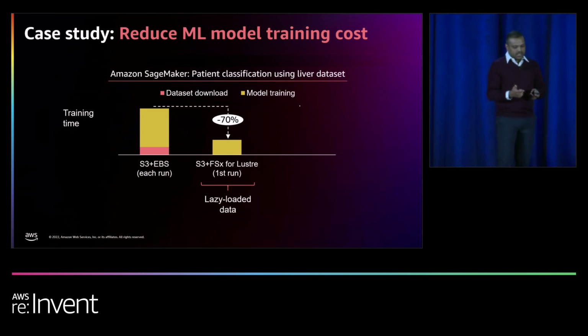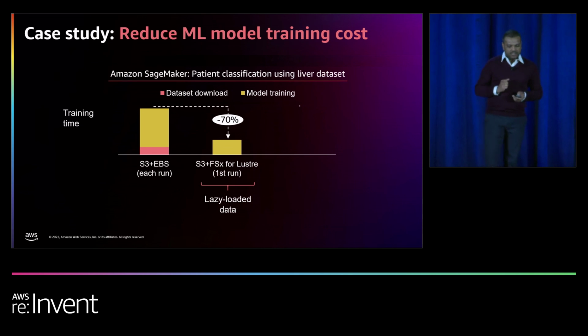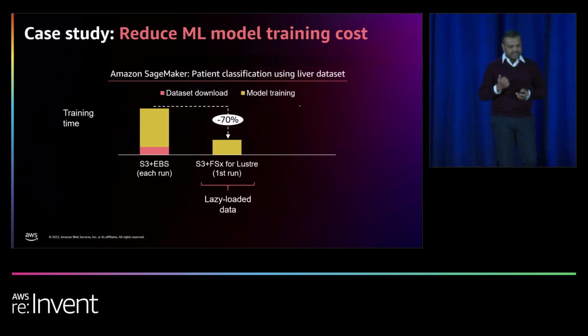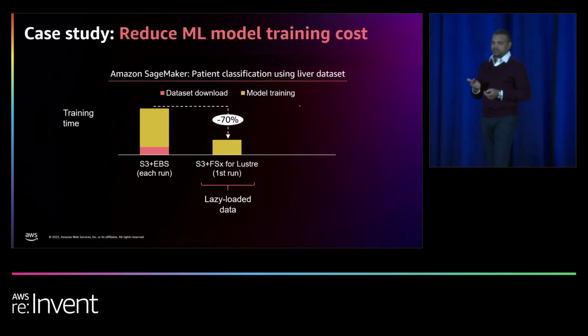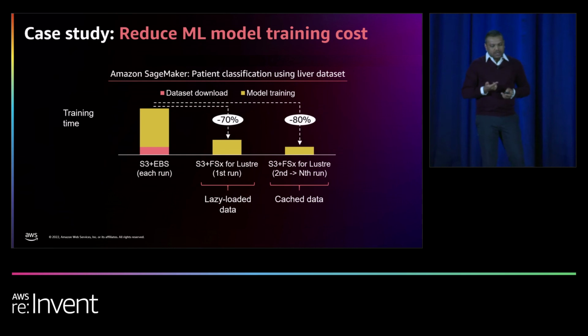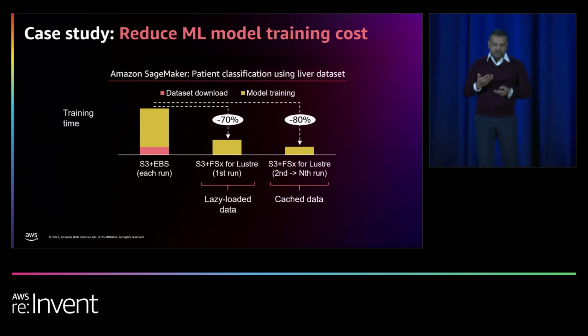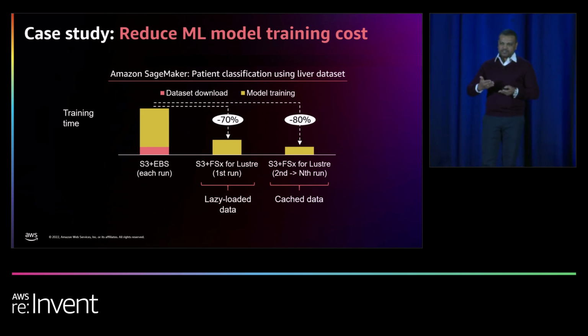Now, what you see here in the second bar chart is we no longer have that dataset download time. FSx totally eliminated that. And your training epoch is much faster because of the scale-out performance of FSx for Lustre. The first time when you run your first epoch, we are lazy loading the data from S3 into the FSx file system.